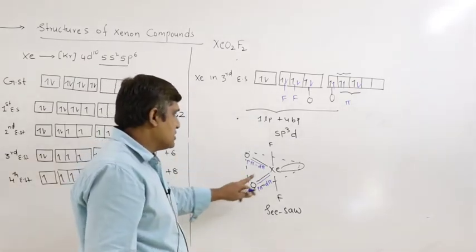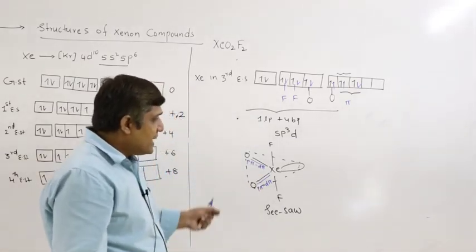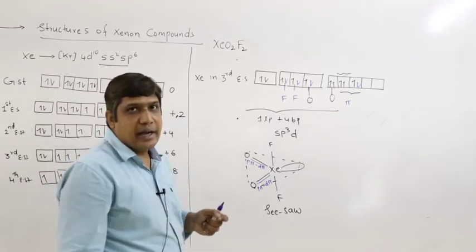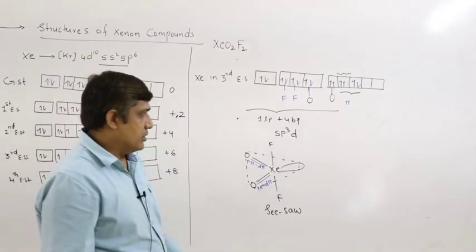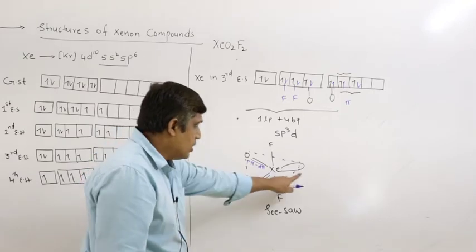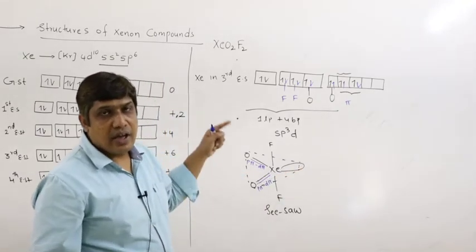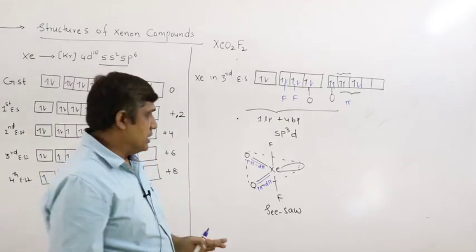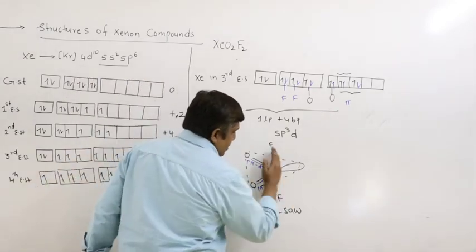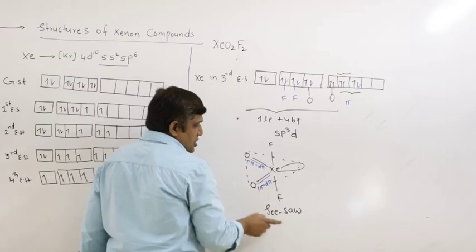So 2 oxygens, 1 lone pair occupy the equatorial position of trigonal bipyramidal geometry. So if you close this, now this shape is seesaw shape.